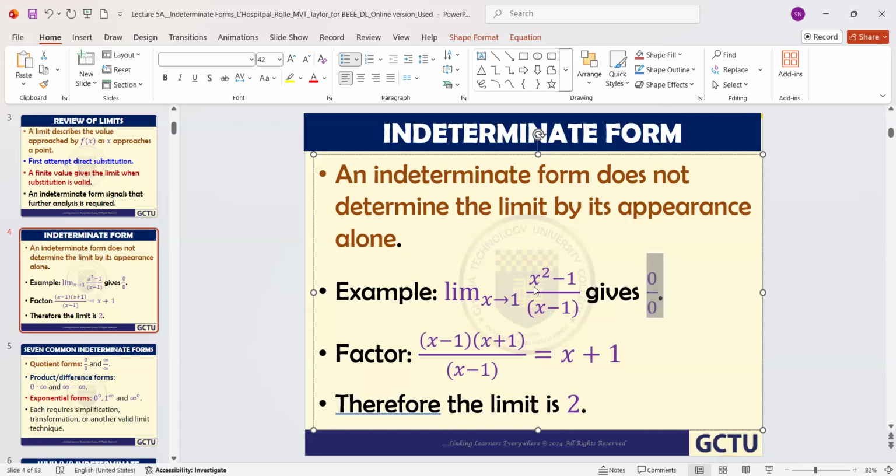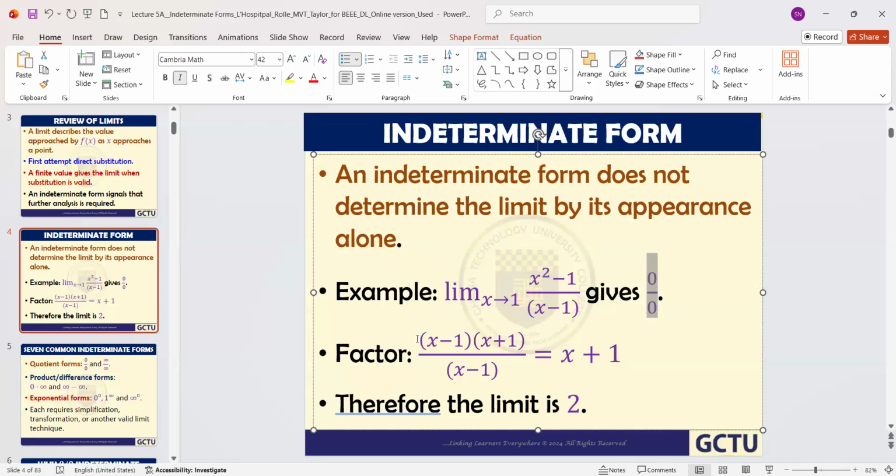For example, if the function is (x squared minus 1) over (x minus 1), you know that the numerator here is a difference of two squares. But if you do direct substitution, if you put 1 here, 1 squared will give you 1, 1 minus 1 will give you 0. If you also place 1 here, 1 minus 1 will give you 0. So it gives you an answer of 0/0. And this does not necessarily mean that the answer is supposed to be like this.